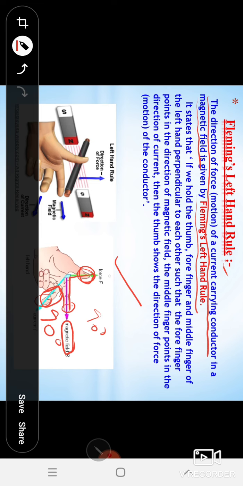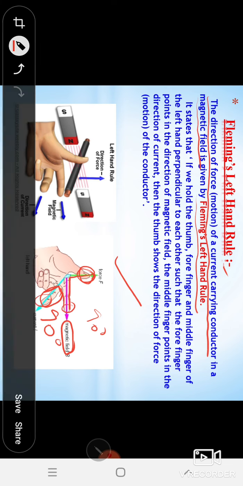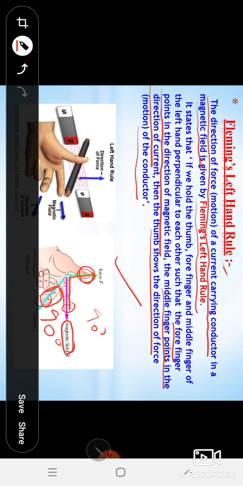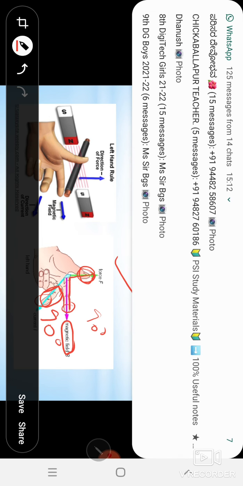Stretch your left hand such that the thumb, forefinger and middle finger are mutually perpendicular, such that the forefinger points in the direction of the magnetic field, the middle finger points in the direction of current, and the thumb shows the direction of force on the conductor. You may come across this question in your examination also.